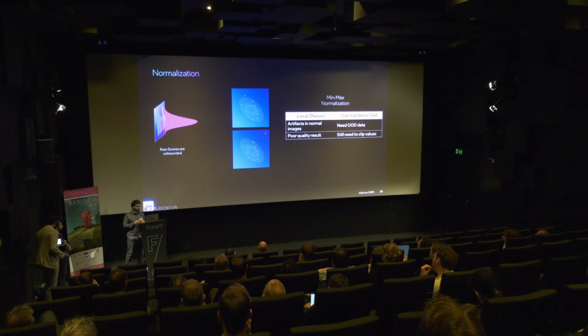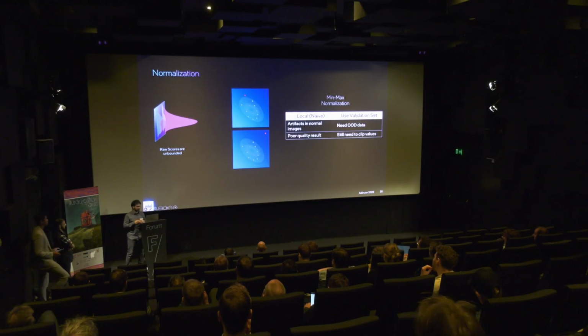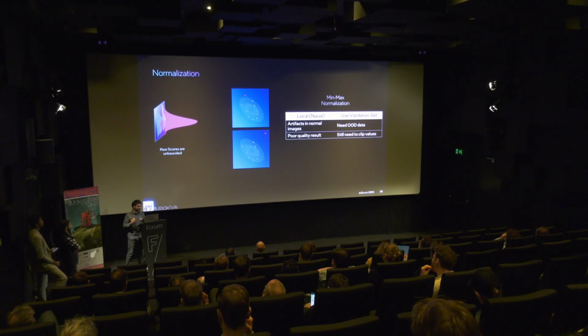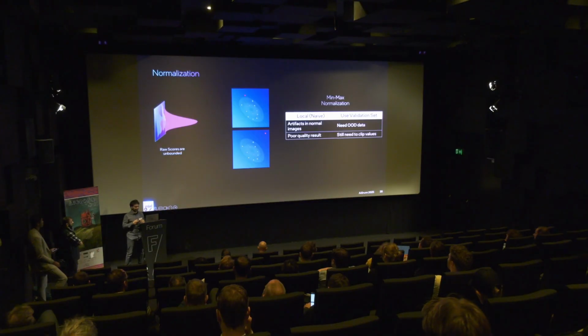You don't know the range of anomaly scores. It could be 0 to 10, it depends entirely on the model. It could be 0 to 100. So you can't really do this normalization unless you know some samples from an OOD dataset.